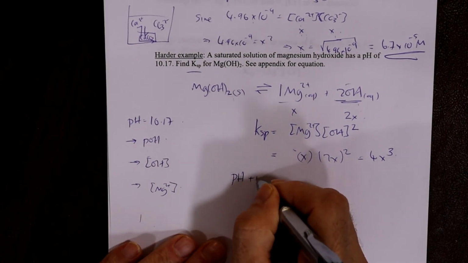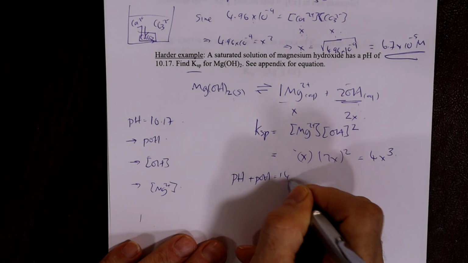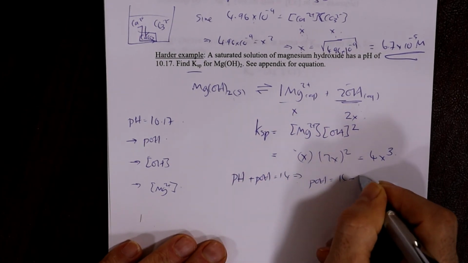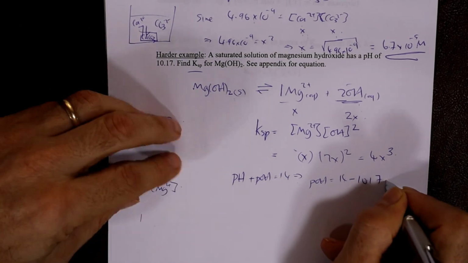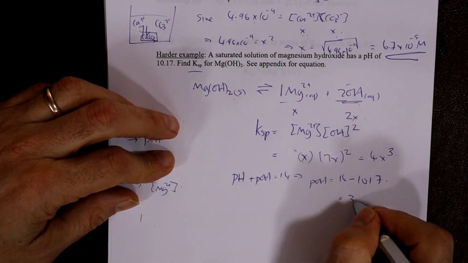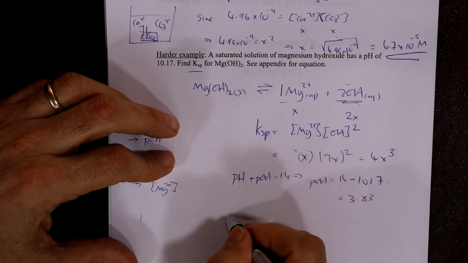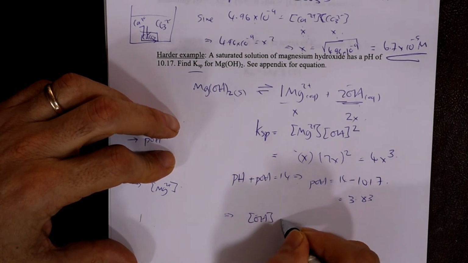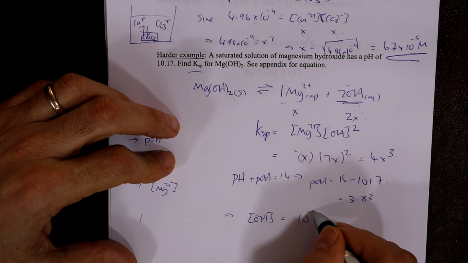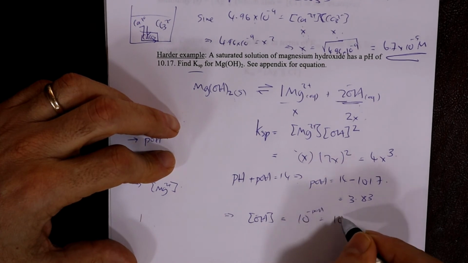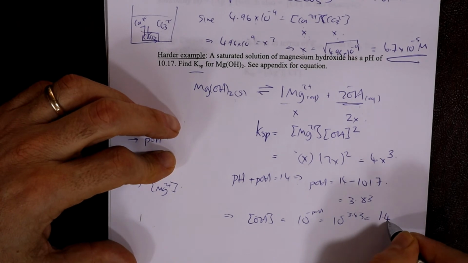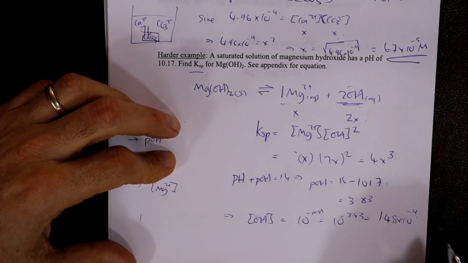Okay. So pH plus pOH equals 14, therefore pOH equals 14 minus 10.17, which equals 3.83. Therefore, OH minus, do that reverse math, 10 to the minus pOH, 10 to the minus 3.83, is 1.48 times 10 to the minus 4.